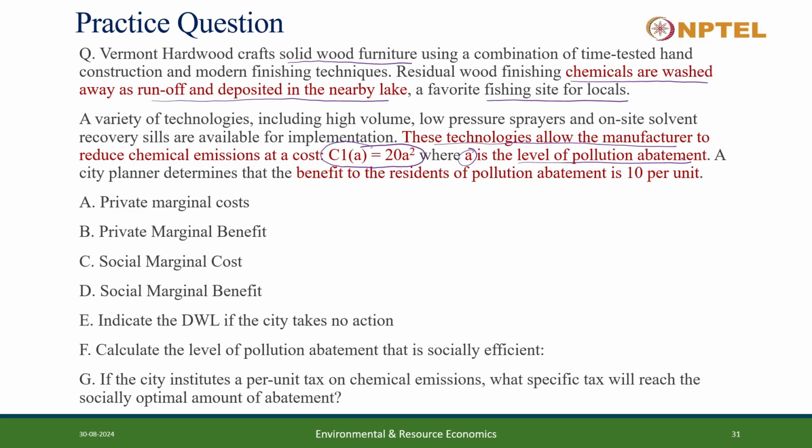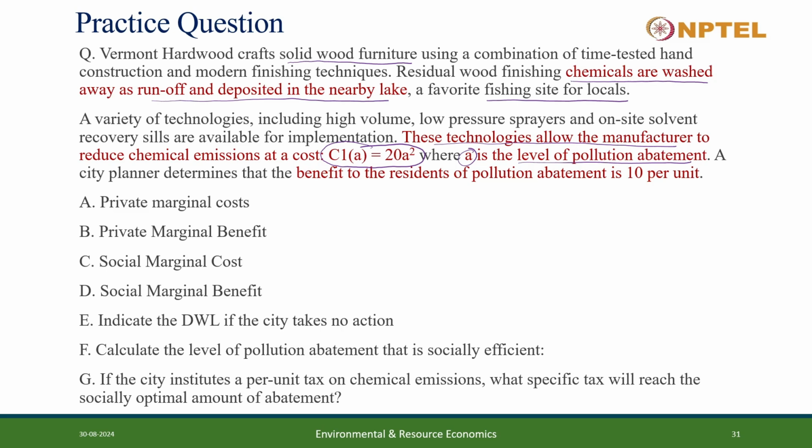So if the firm has to reduce the chemical pollution into the river, then they have to incur the cost given by C1(A) equals 20A squared, where A is the level of pollution abatement, not level of pollution. With an increase in the level of pollution abatement, the cost will go up, right?